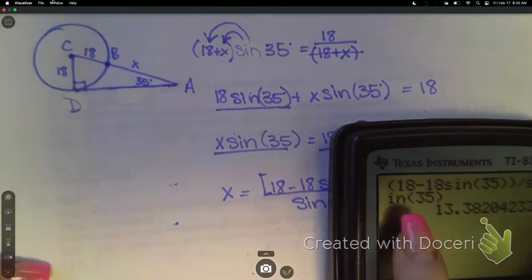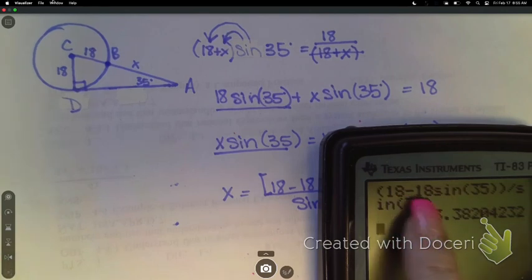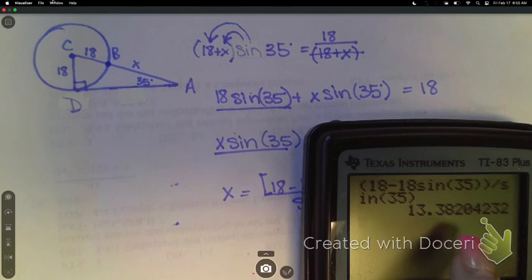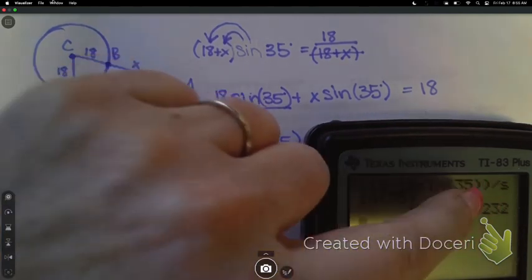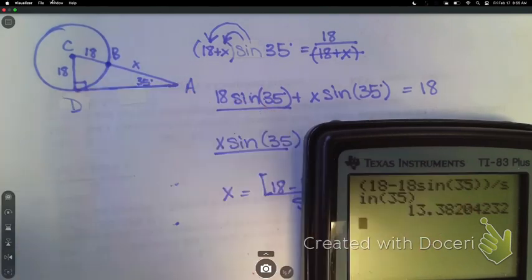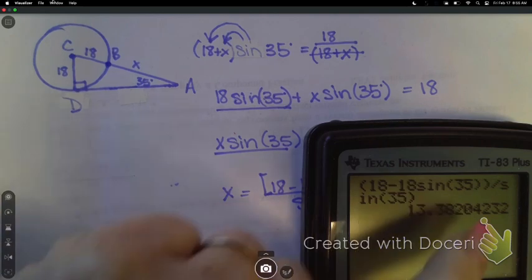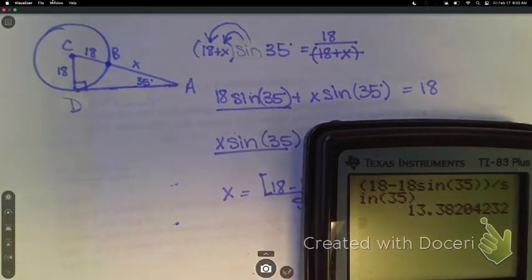Did you put parenthesis, 18 minus, does yours look exactly like mine? Did you double the parentheses?